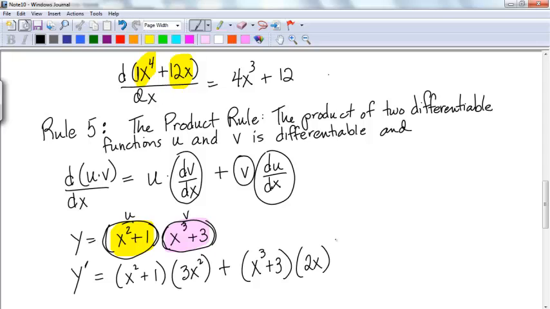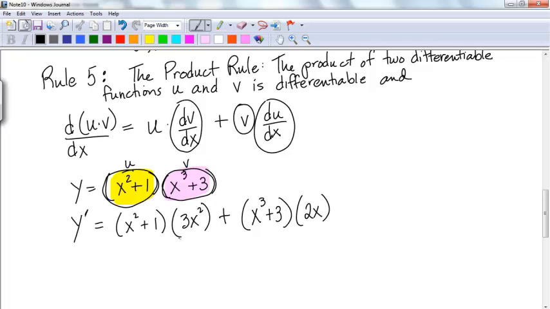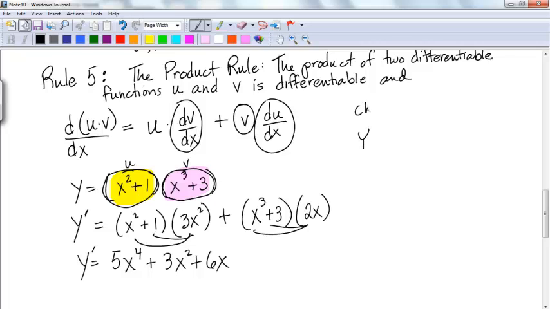Now, the author may leave it like that, or the author may say, hey, let's multiply this out and combine like terms. You'll have to look in the back of the book. If I multiplied that out and combined like terms, I would end up with 5x to the 4th plus 3x squared plus 6x. If I was going to check this, the check would be to put the original in. Don't multiply it out.